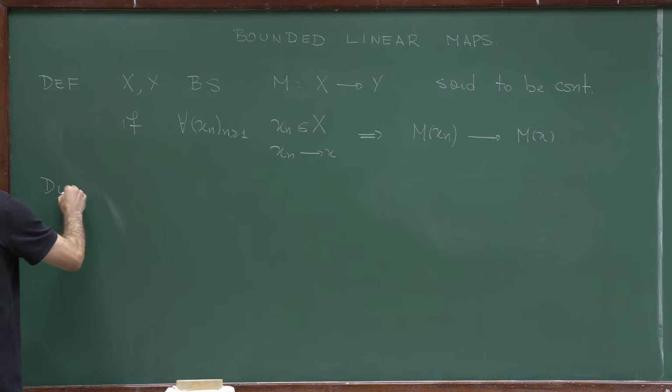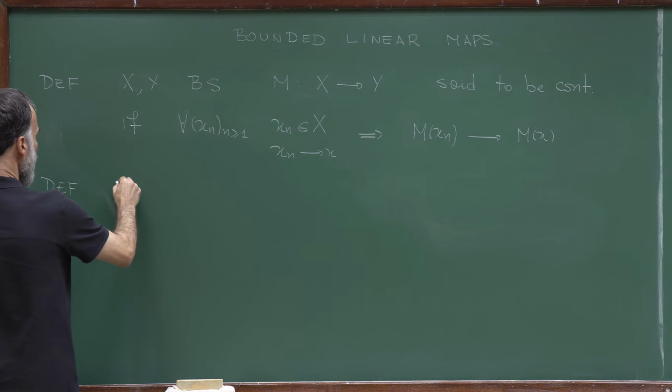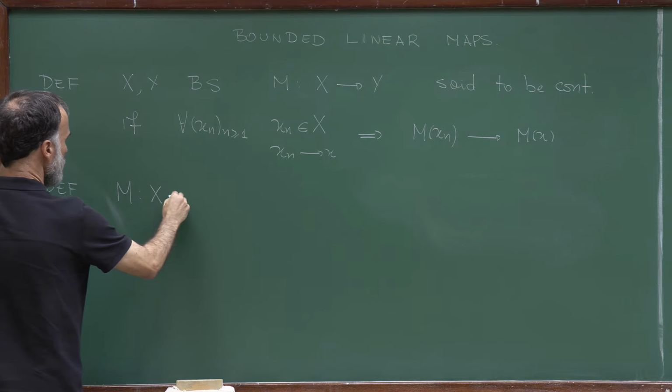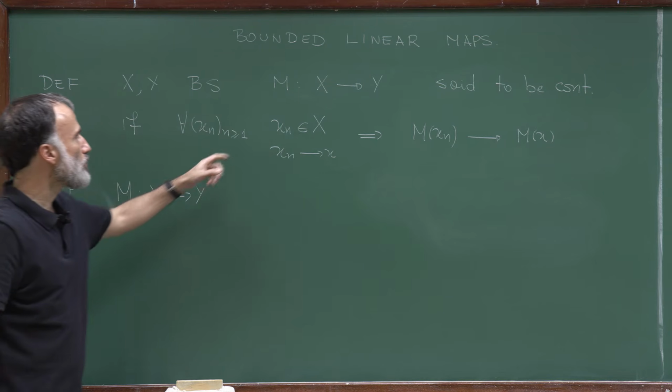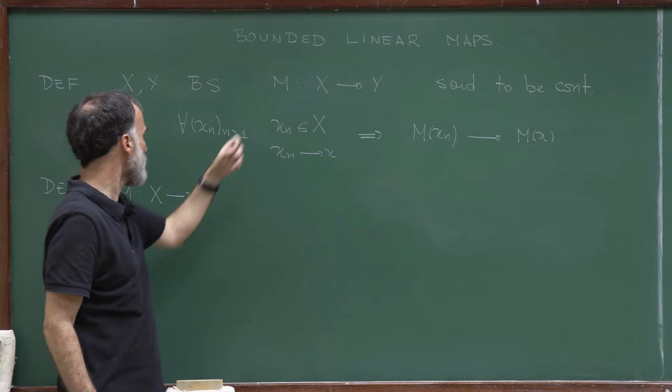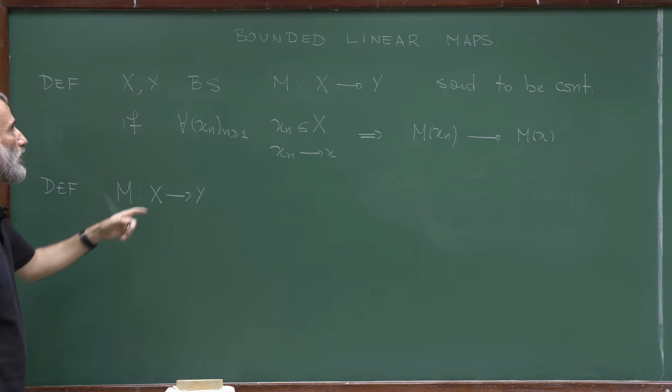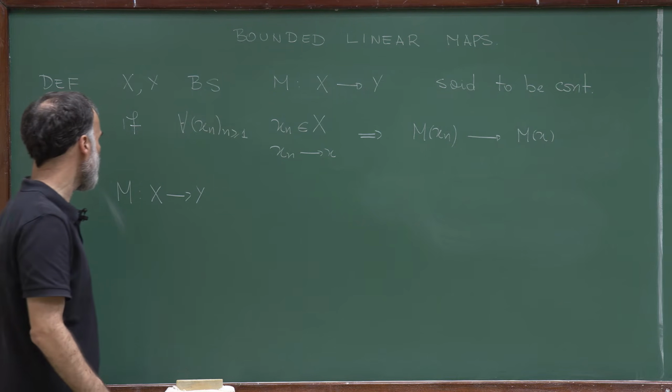And again I insist, M will always be linear, so though it's not stated, I only consider here linear maps, which have been defined previously.